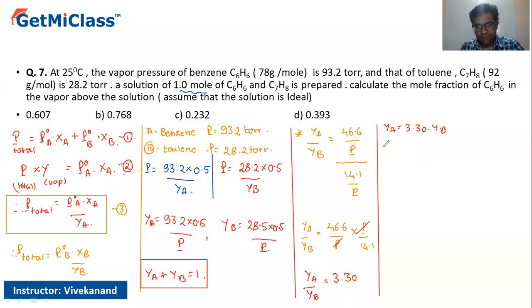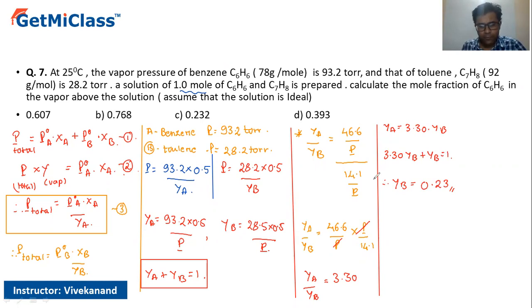So let's substitute the value: 3.30 of YB plus YB is equal to 1. Therefore, I will directly calculate the value of YB, and that is going to be 0.23. If you solve this, you will get 0.23.